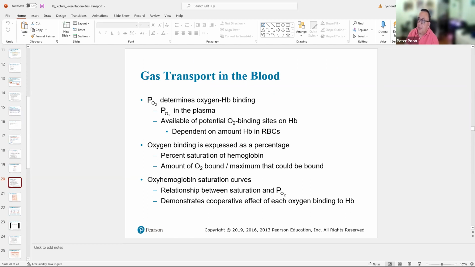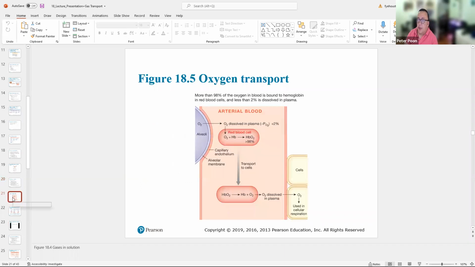So oxygen binding is expressed as percentage saturation of hemoglobin, and you can measure that. So saturation curve. Let's take a look. Most of the oxygen, 98% of oxygen, is actually transported by hemoglobin.